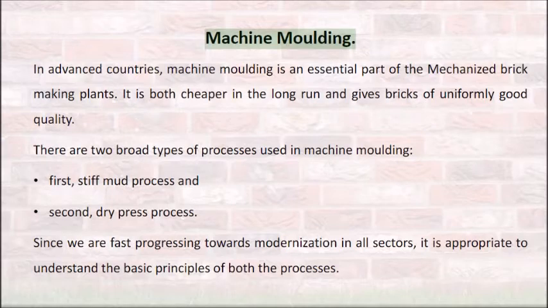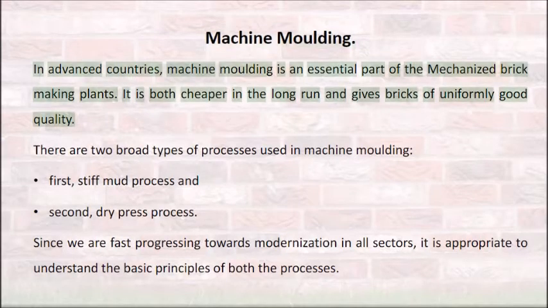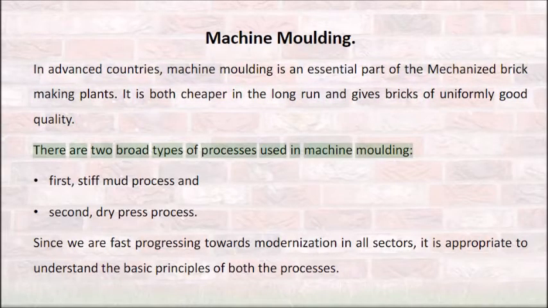Machine molding. In advanced countries, machine molding is an essential part of the mechanized brick-making plants. It is both cheaper in the long run and gives bricks of uniformly good quality. There are two broad types of processes used in machine molding.